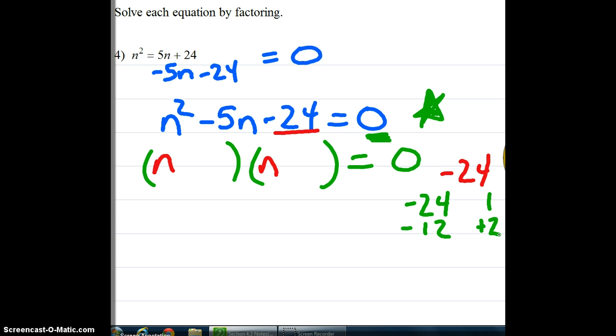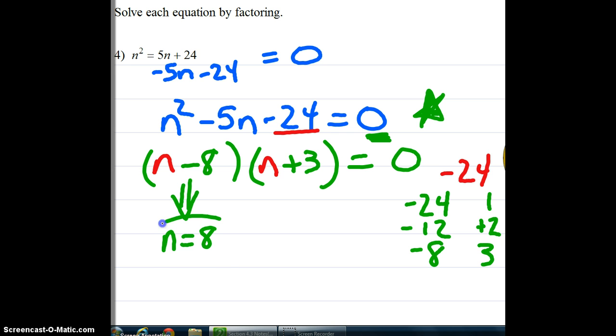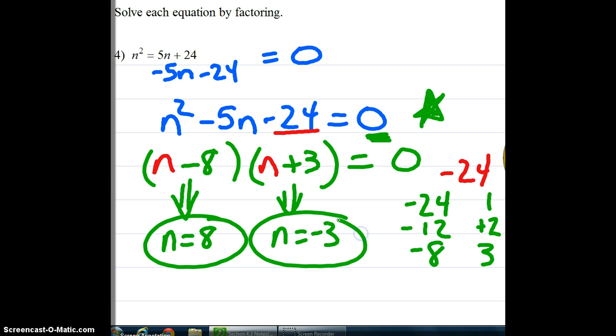I'm looking at negative 8 and a positive 3 as my factors. So solving, this will give us n equals 8 as a solution. This will give us n equals negative 3 as a solution.